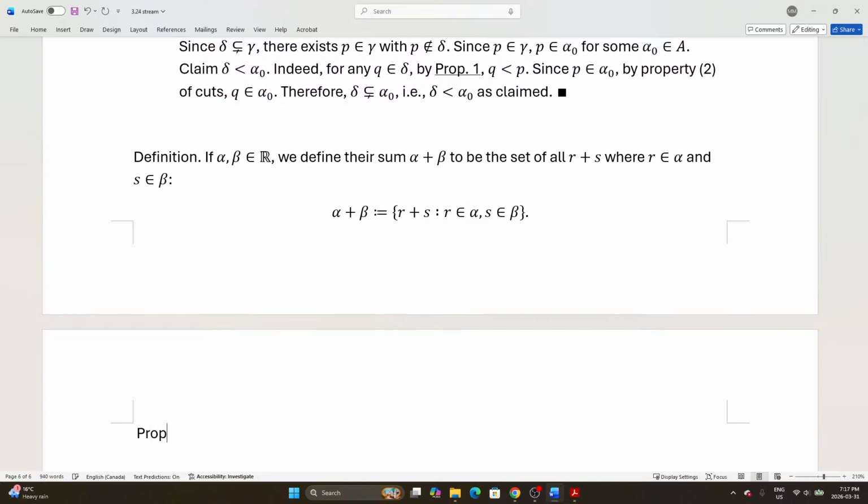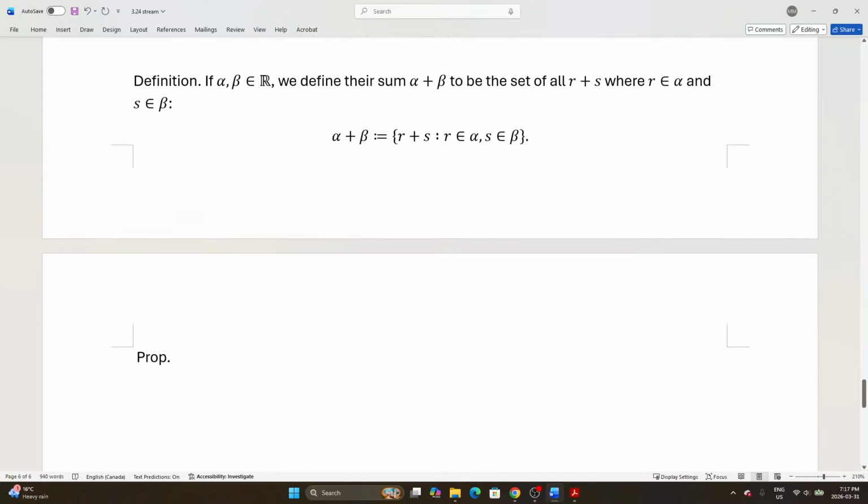Proposition: addition, as defined above, is closed in R, that is, if alpha and beta are in R, then alpha plus beta is in R.